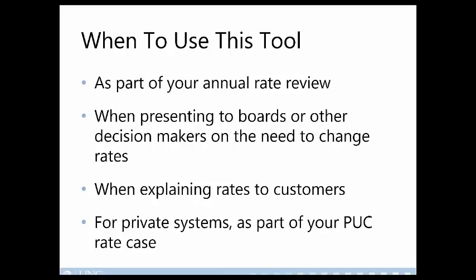And the way that works is the utility would get an approval from the PUC or their board to put in a mechanism by way of changing the rates every time the electricity changes on a monthly or bi-monthly or quarterly basis, whatever the billing period is for the utility. So if electricity goes up or down based off of a baseline electricity price the utility sets at the approval process, then the bill is adjusted for the customer based off the electricity cost up or down.